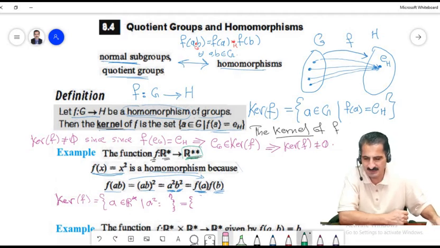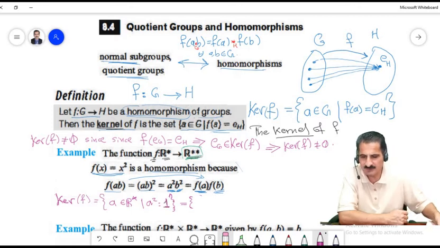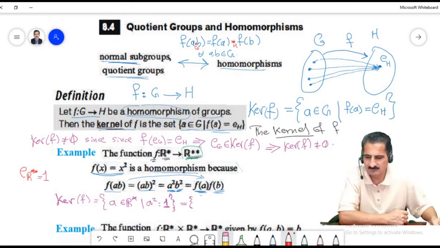So let's see, the identity here is 1. Let me emphasize that somewhere here to the right, the identity of R star is 1, the one we know, the regular number 1. So the kernel here consists of -1 and 1.